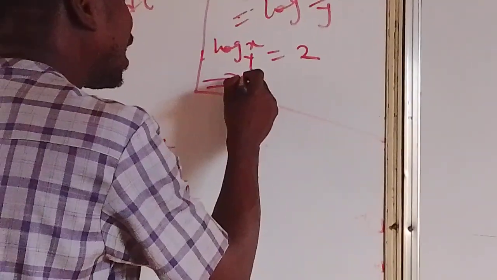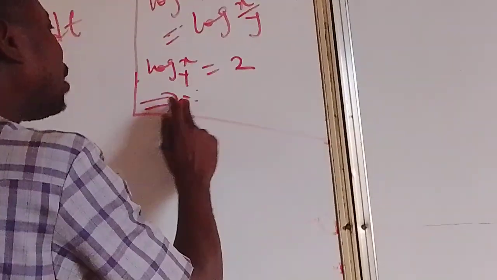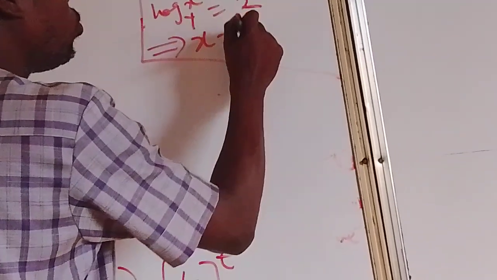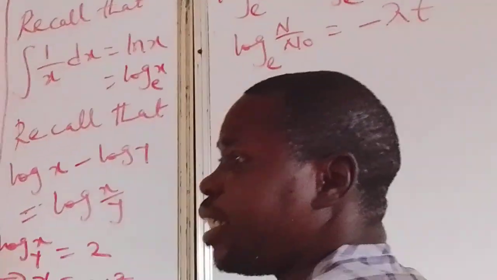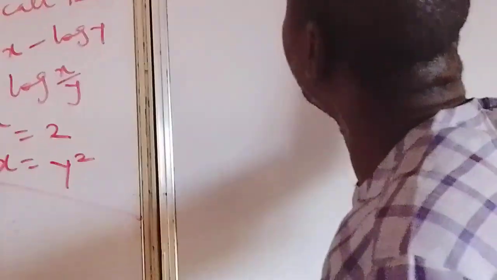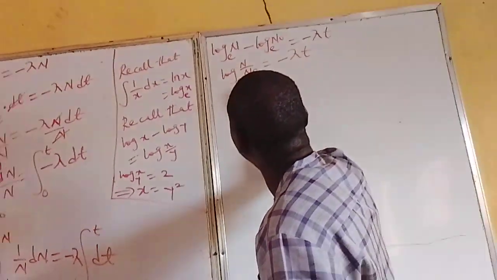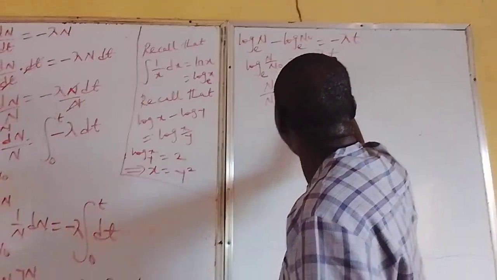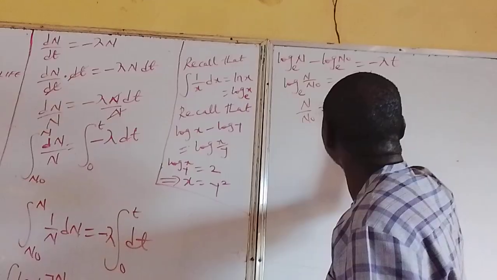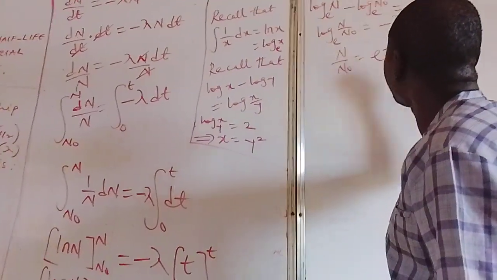So this implies that x is equal to y squared. Similarly, I can remove this logarithm outrightly and turn it into an exponential equation. I have n over n naught, and e will be the base, equal to e to the power of negative lambda t.